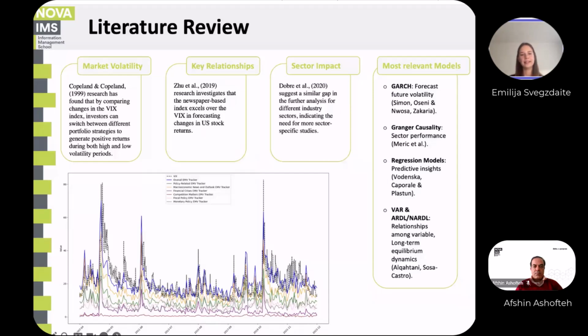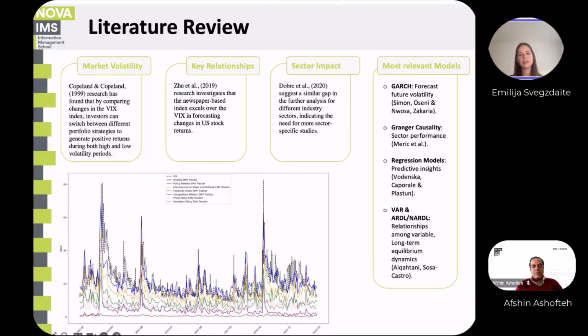More recently introduced, the EMV was developed in 2019, uses newspaper counts to gauge sentiment, and has shown stronger predictive links to macroeconomic factors than the VIX itself. Studies suggest that EMV may better predict stock movements, making it useful for sector-specific analysis.